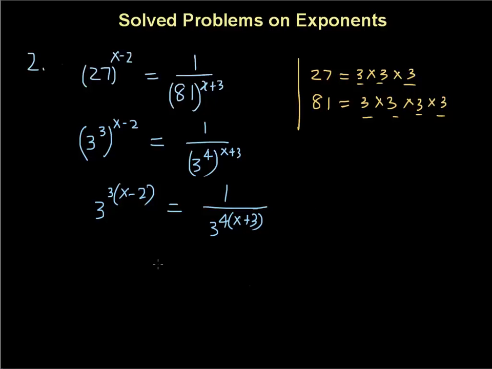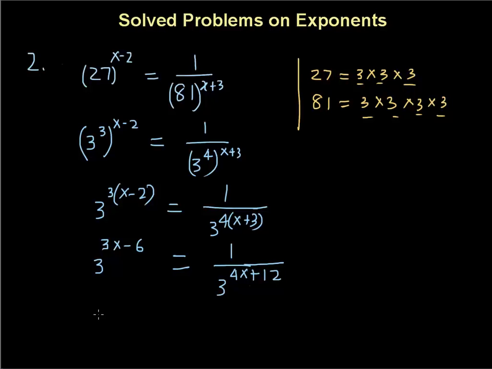So this can further be written as 1 upon 3 to the power 4x plus 12, right? And here we have 3 to the power 3x minus 6, because I multiplied 3 into x and 3 into 2.